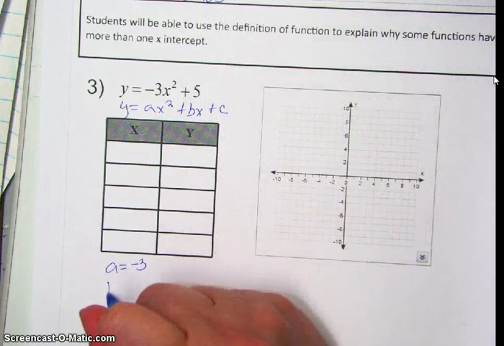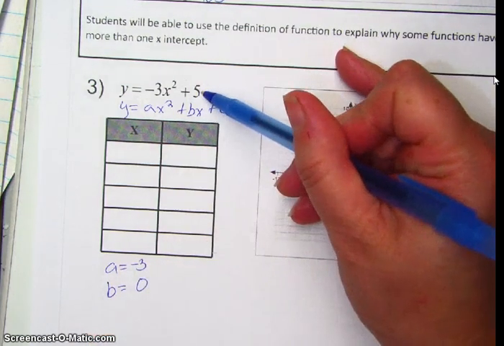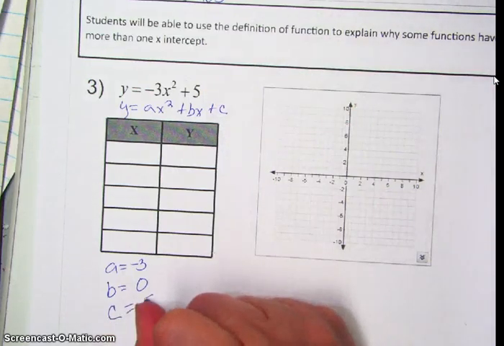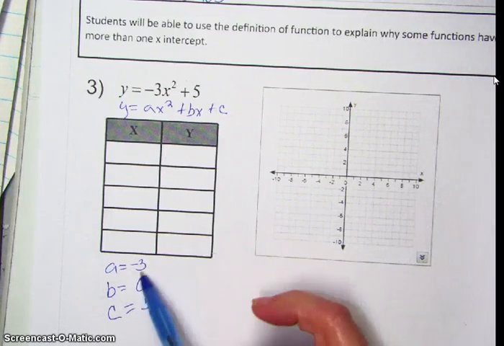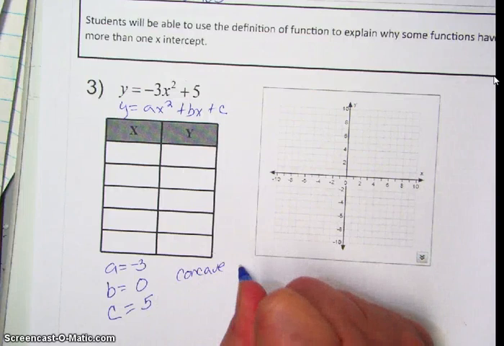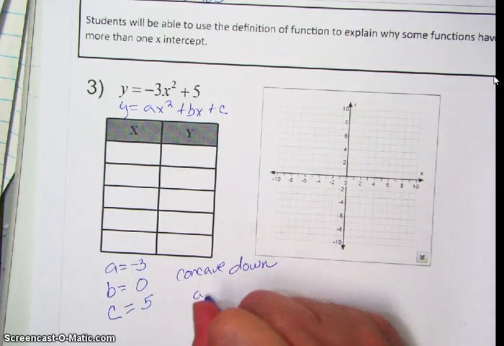Therefore, b equals 0. The constant term, c, the one that has no x, is 5. This is going to be concave down because a is negative.